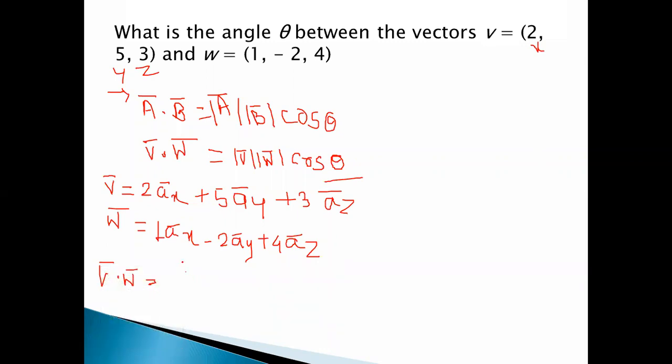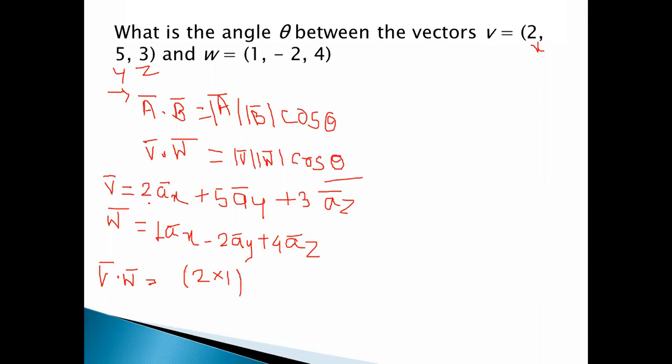We'll take the dot product, meaning the product of the two coefficients. So what is this? Before that, write V bar and then W bar.